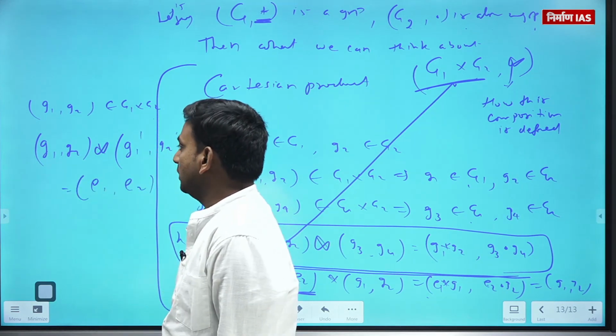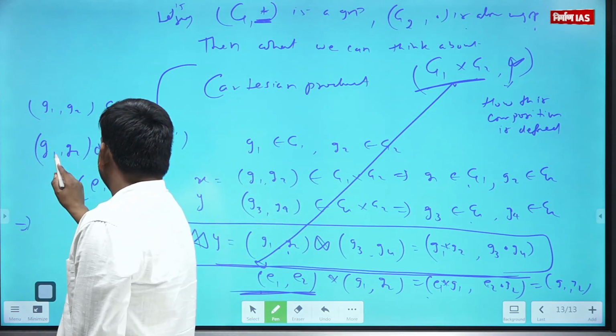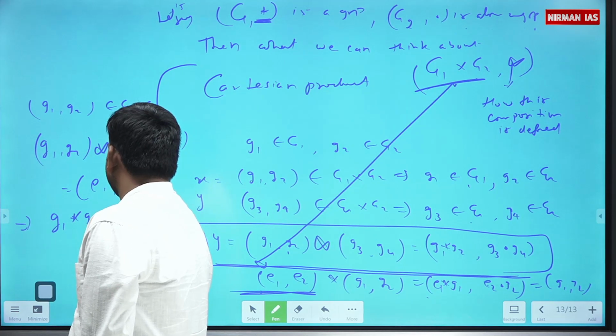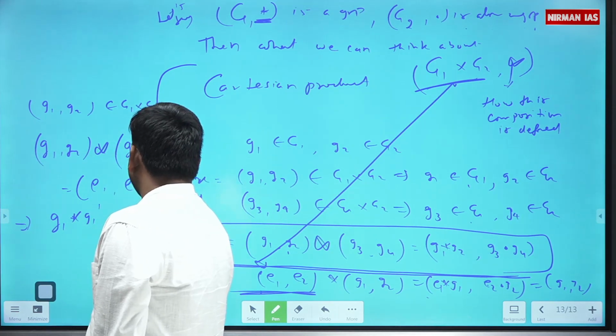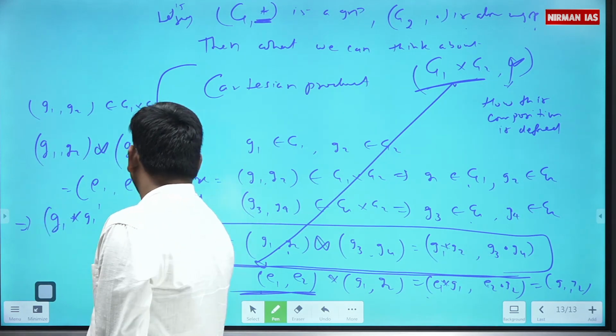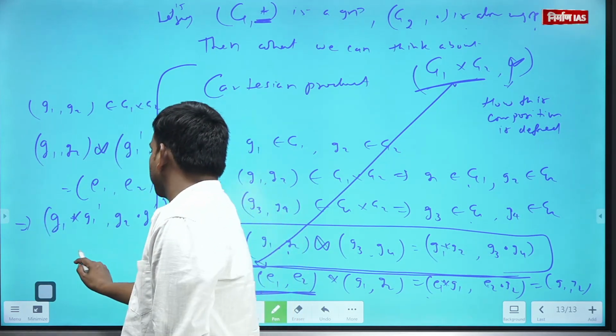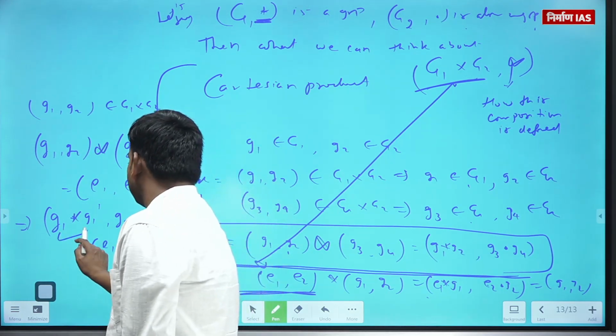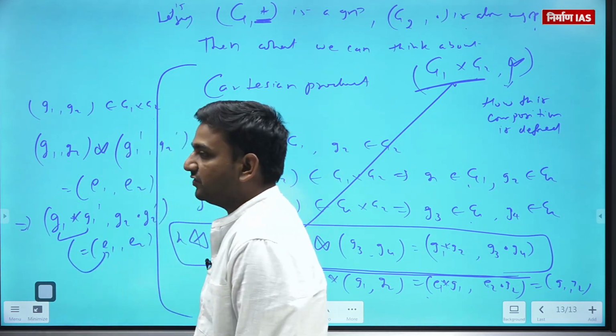So what will it imply here? (g1, g2) first composition (g1 dash, g2 dash) second composition must be (E1, E2). So this must be equal to this thing.